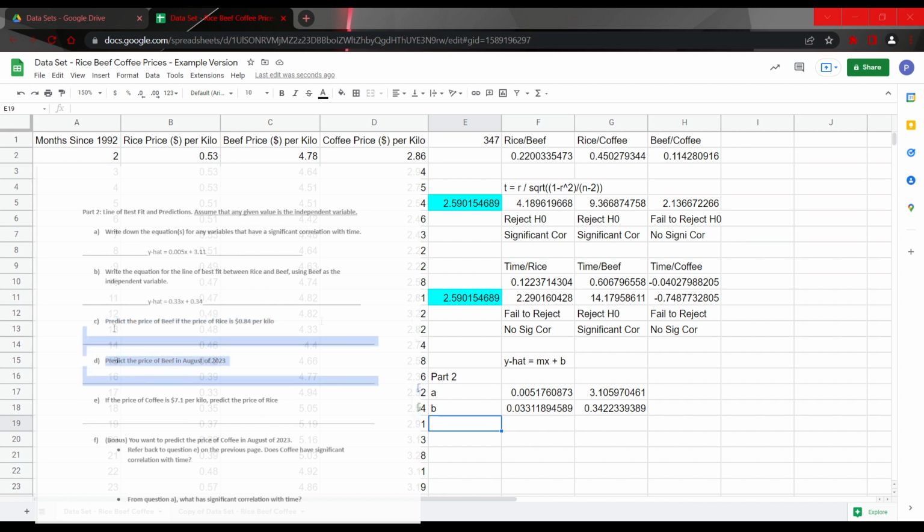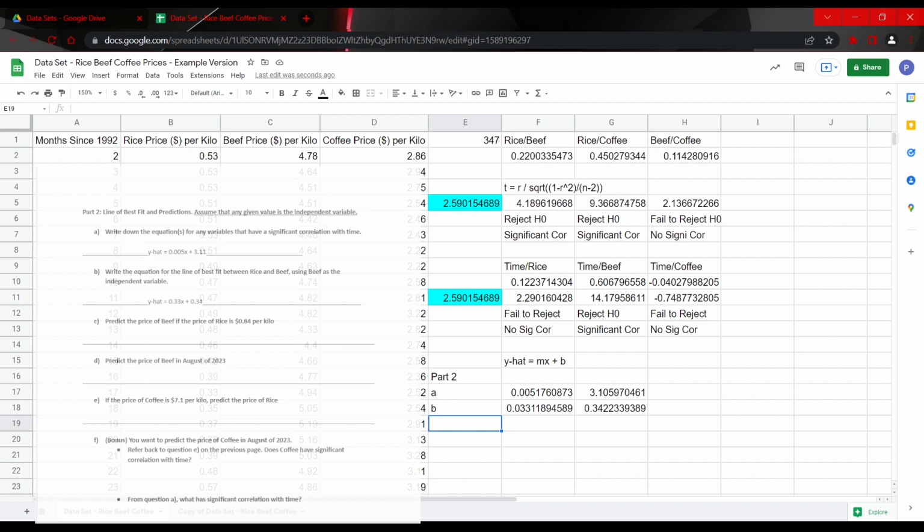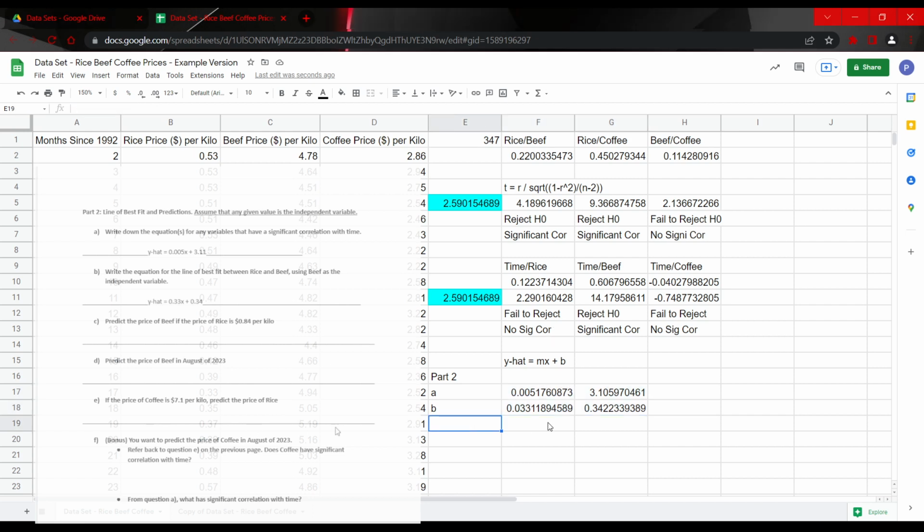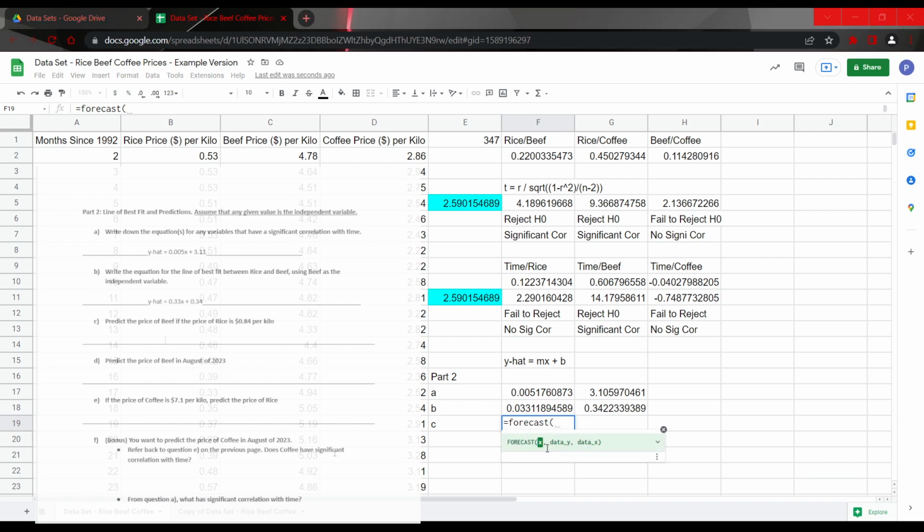Next up, the next three are predictions. For predictions, you can either find a line between the two variables and then find the answer. Alternatively, you can use the function FORECAST. So FORECAST is basically predicting something. So here I want you to predict the value of beef if the price of rice is 0.84 per kilo. And up here, this is important.